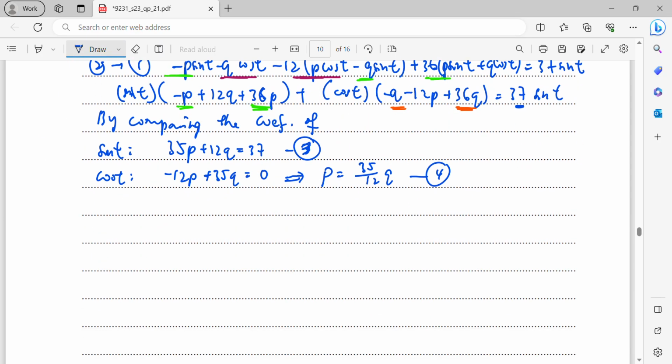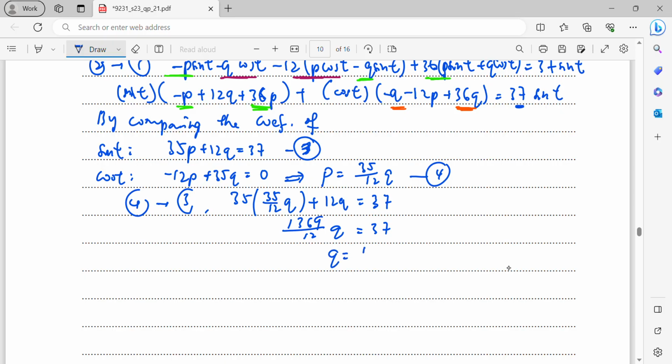Now I'll substitute the fourth equation into the third equation. Then I will get 35 times 35 over 12 q plus 12q equals 37. When you simplify the left hand side, the total is 1369 over 12 q. Then your q will be 12 over 37.